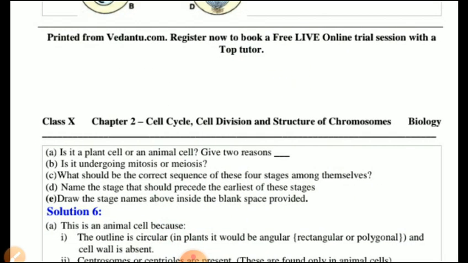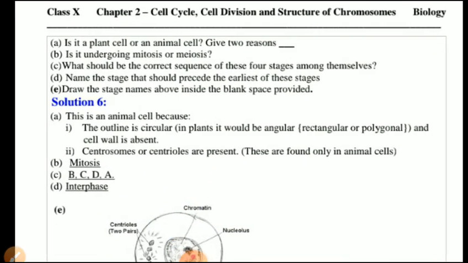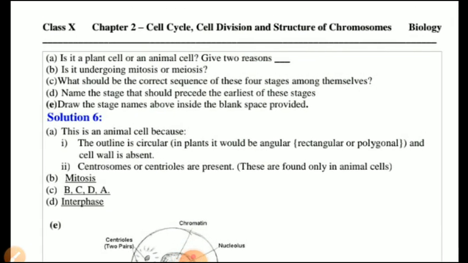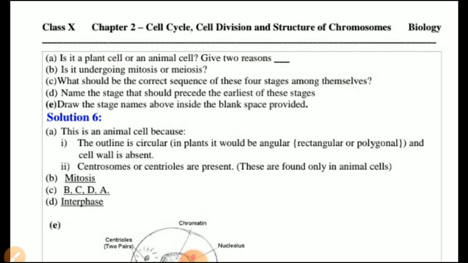Question number B. Is it undergoing mitosis or meiosis? Answer is mitosis. Question number C. What should be the correct sequence of these 4 stages among themselves? Answer is B, C, D, A. This is the correct sequential order.